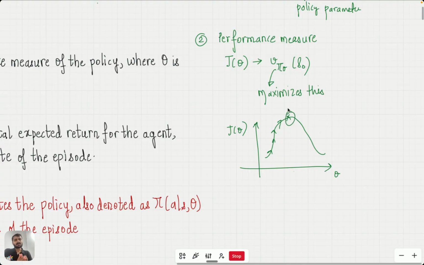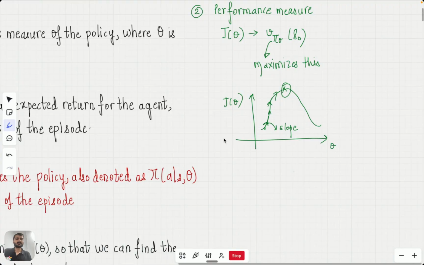And to climb this mountain, at every point, I need to know what is the slope at each and every point. This is, in fact, the gradient ascent method, which we will use to find the policy parameter which maximizes this performance measure.